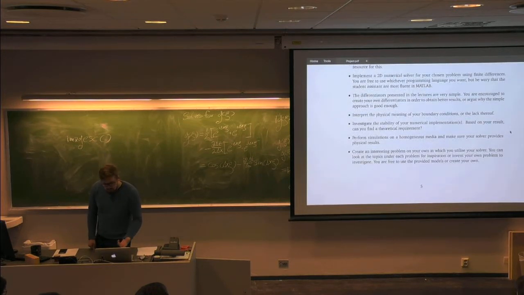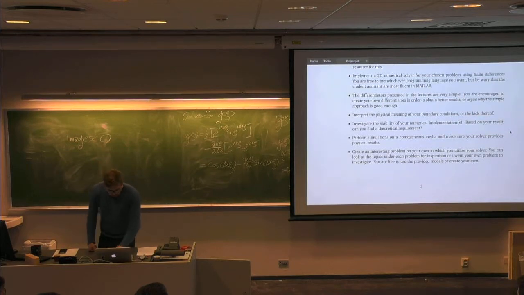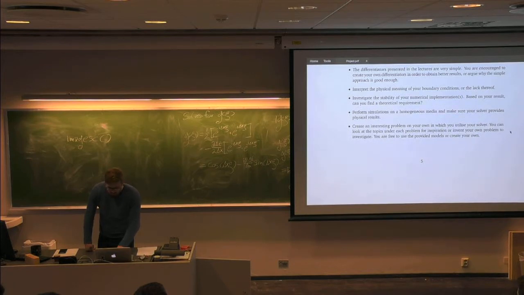You should interpret the physical meaning of your boundary conditions or the lack thereof, meaning if you pick the wave equation and you don't have time to implement boundary conditions there, then you should ponder the physical meaning of not having boundary conditions there. Investigate the stability of numerical implementations. Again, you can base yourself on available literature and, well, just experiment with your solver, basically.